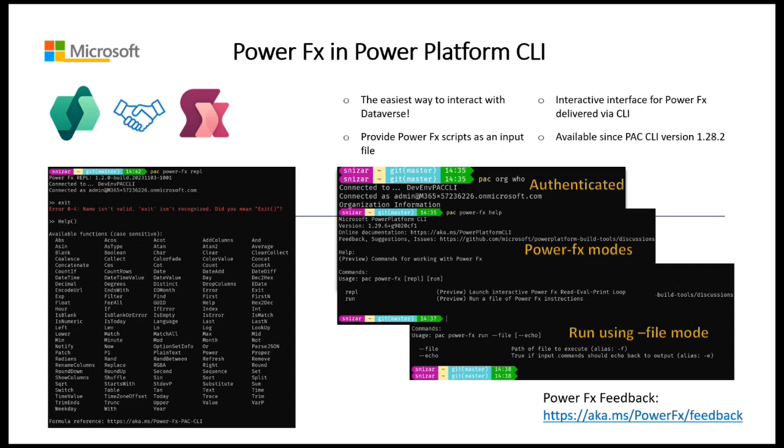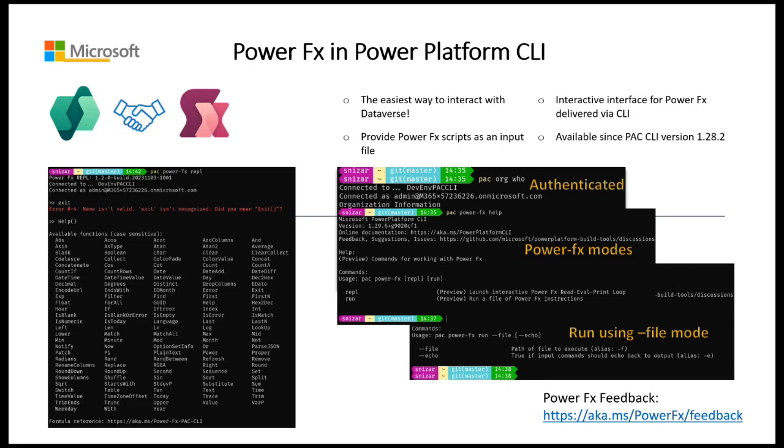Run is for when you're an expert with PowerFX formulas and you have all your expressions in a file. You simply use run with the dash dash file flag and give it a file name, and you'll go ahead and run your file. If you want to see stepwise what statement is being executed, add another flag, dash dash echo.